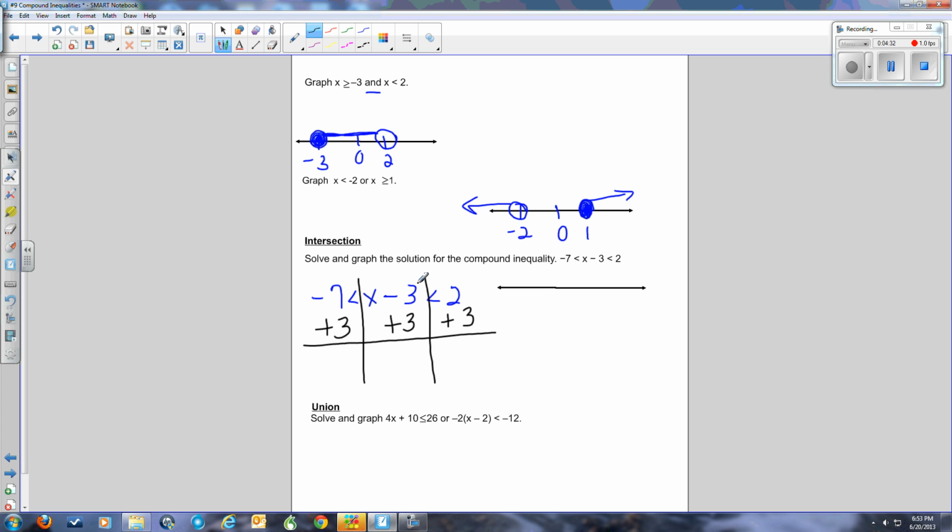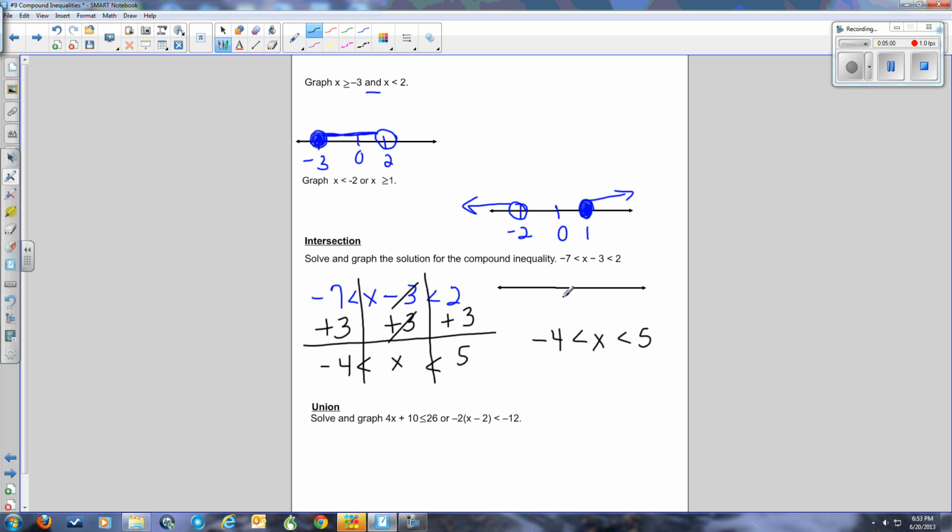So the 3's cancel, and I have -7 plus 3, which gives me -4. In the center I have x, and on the right-hand side I have 5. And I have not multiplied or divided by a negative number, so my arrows still stay the same. So I've got -4 is less than x, which is less than 5.